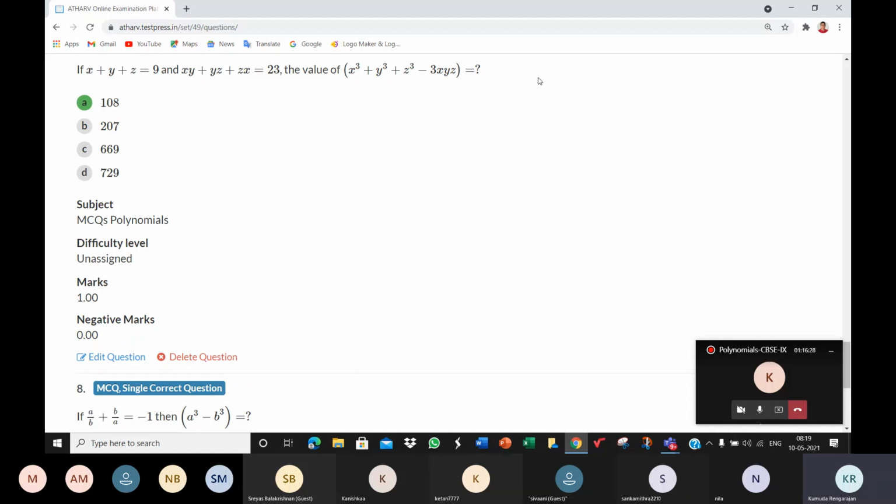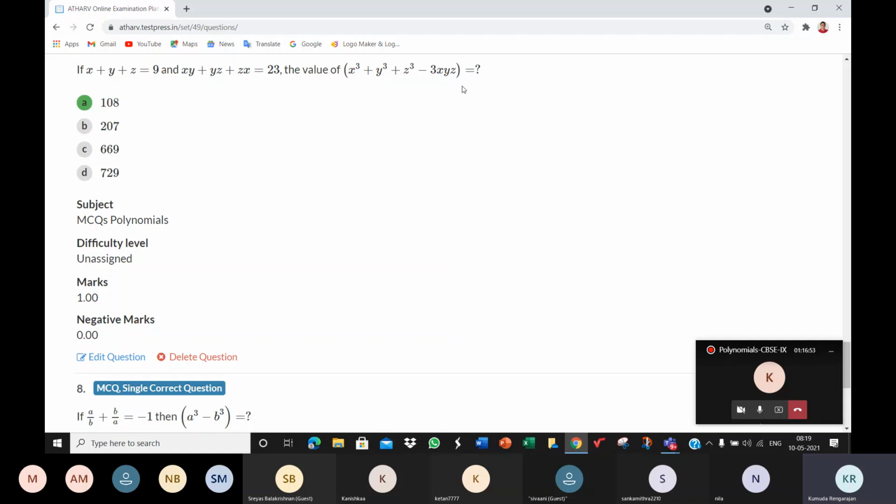But you need to take out minus common. Then in the bracket you will get xy plus yz plus xz. And we are given the value of xy plus yz plus zx is 23. So when you look at this expansion as three expressions, we have the values of two of them. x plus y plus z is 9. xy plus yz plus zx is 23.